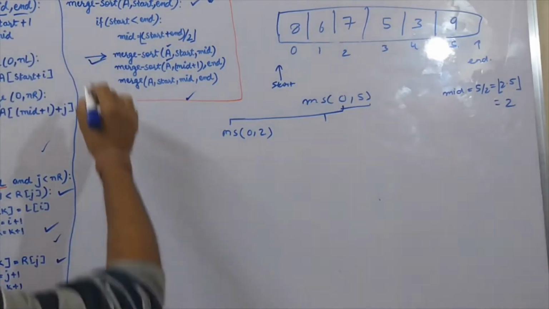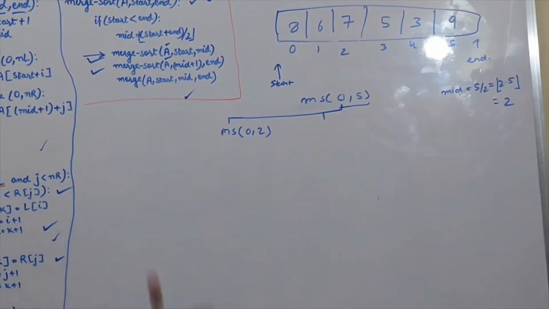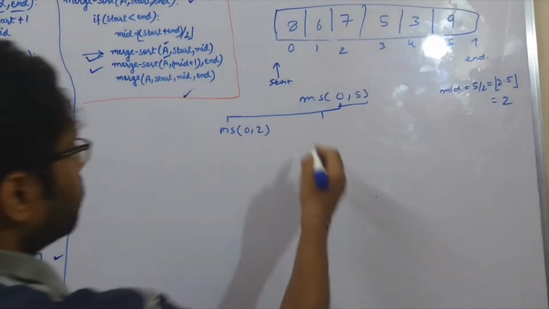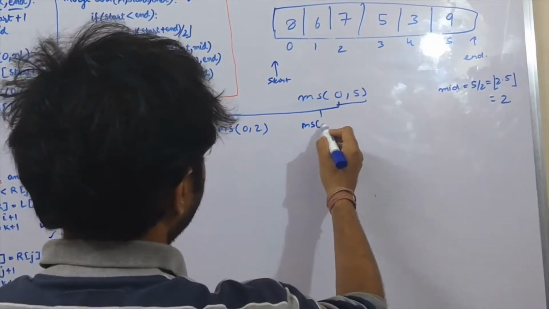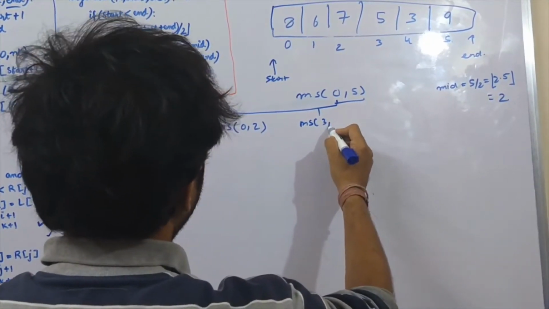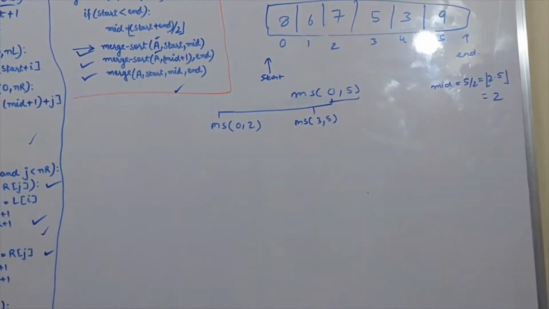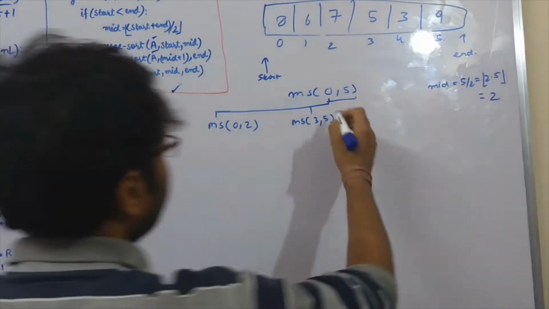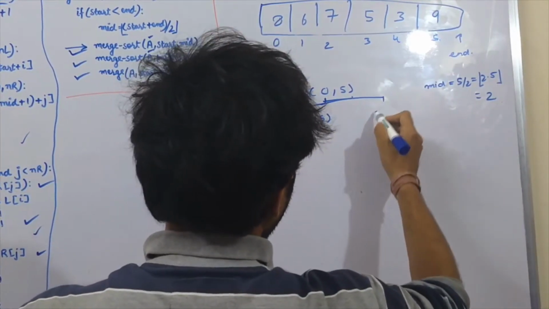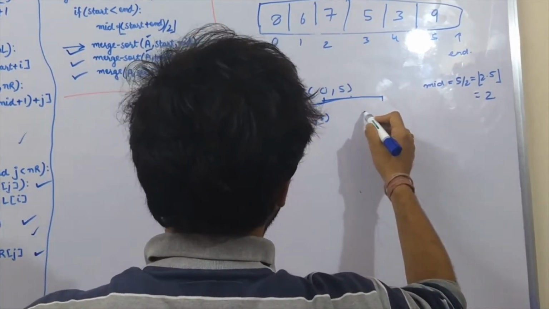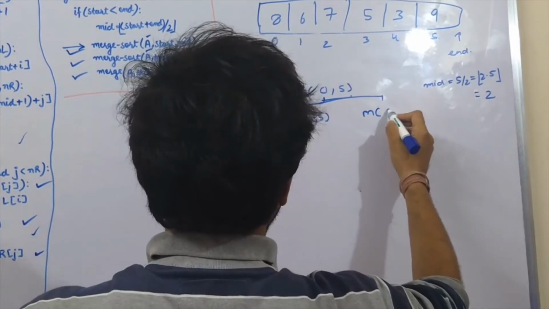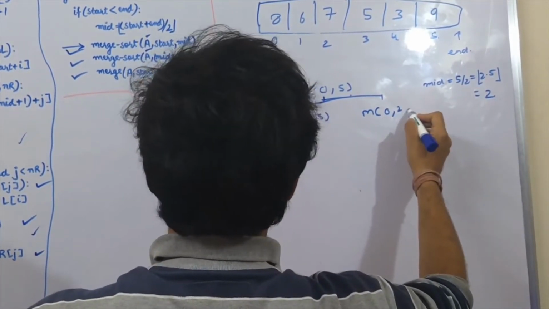The next is merge sort mid plus 1 to end, which is 3, 5. And the third function call is the merge procedure A, start, mid, end, with start 0, mid 2, and end 5.